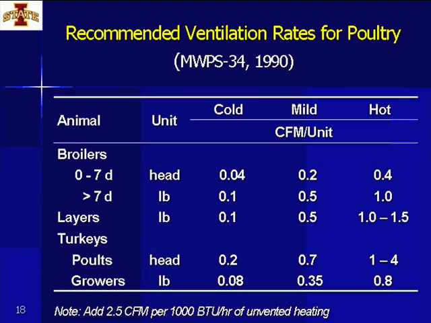This is just the recommended ventilation rate for poultry. The rule of thumb is that mild weather is about 5 to 6 times the cold weather minimum ventilation, and hot weather is about 10 to 15 times. You can read about this at your leisure as a reference.